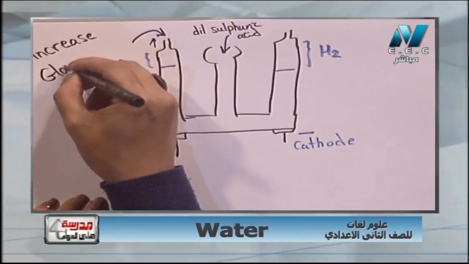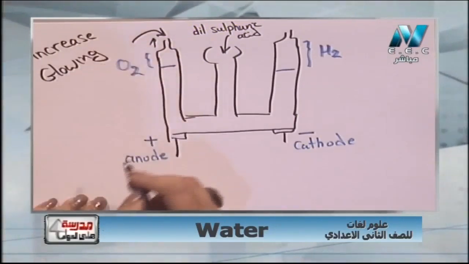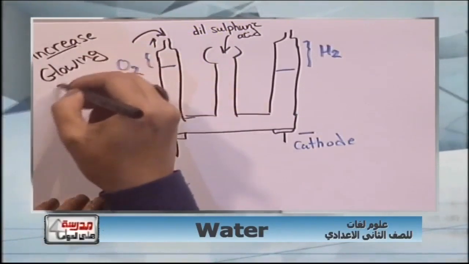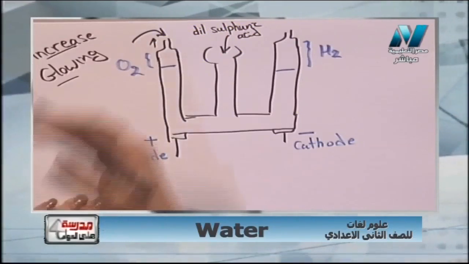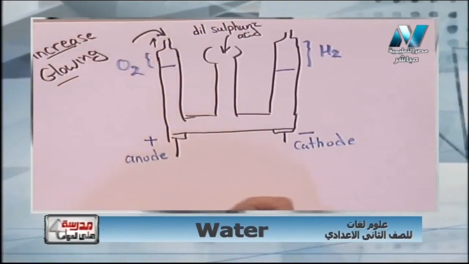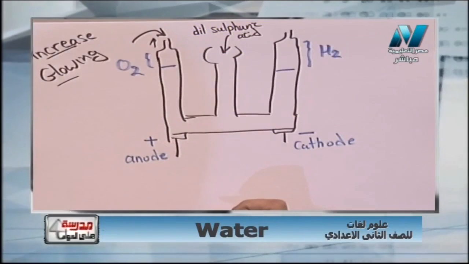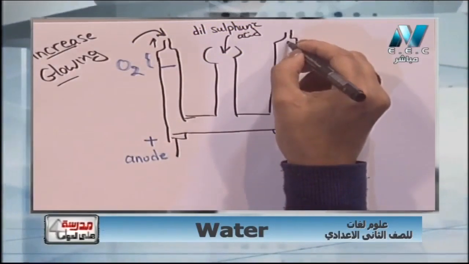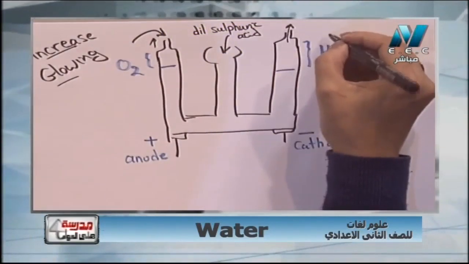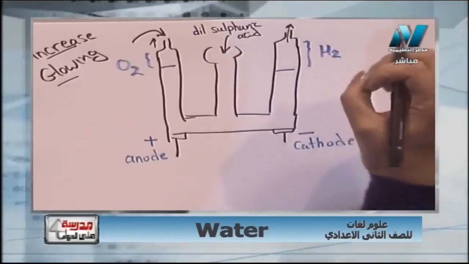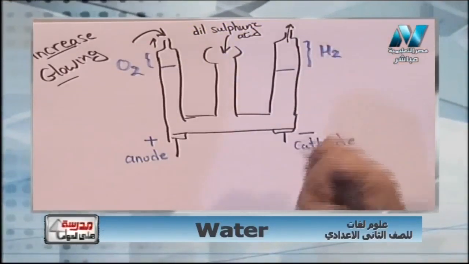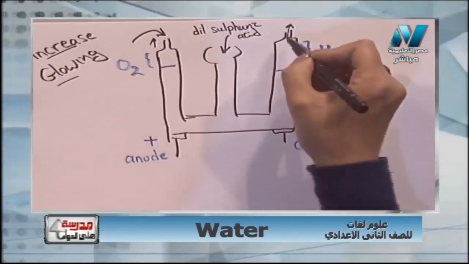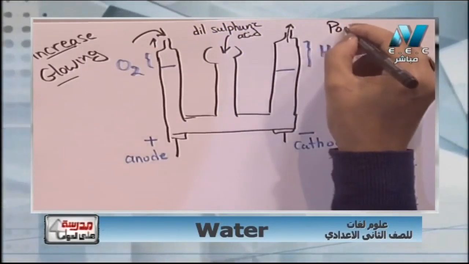The oxygen increases the glowing of the glowing splint. All the burn increases as the oxygen, we know that it helps in burning. When we open this and the hydrogen gas evolves, we make a pop sound. Why? Because the hydrogen gas is pushing outside this opening, so it gives a pop sound.